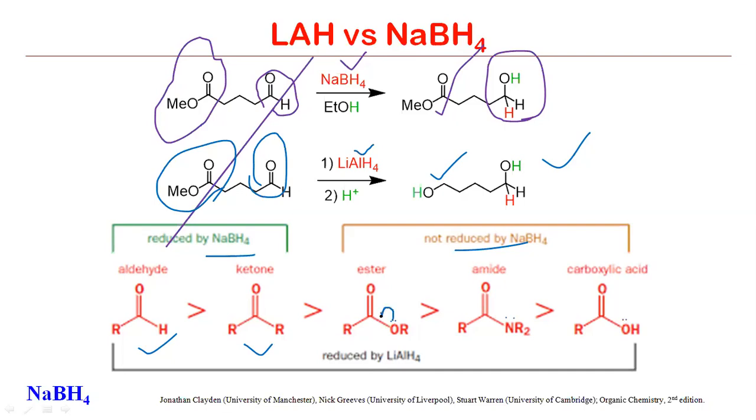Due to that stabilization, these three carbons are less electrophilic, so hydride cannot attack these three molecules efficiently. Of course, all these five can be reduced using lithium aluminum hydride. So this is interesting, and you have to remember.